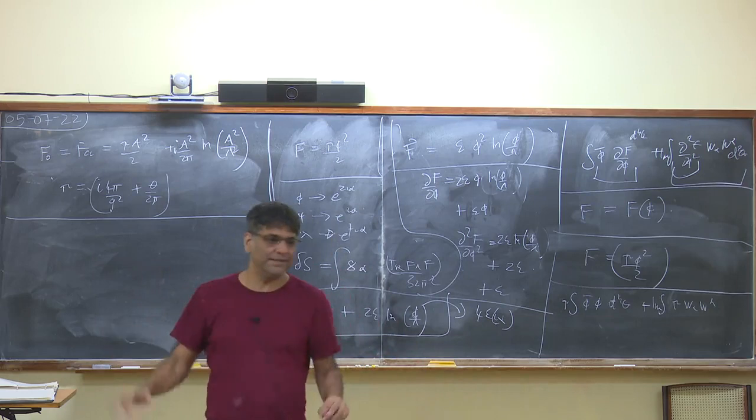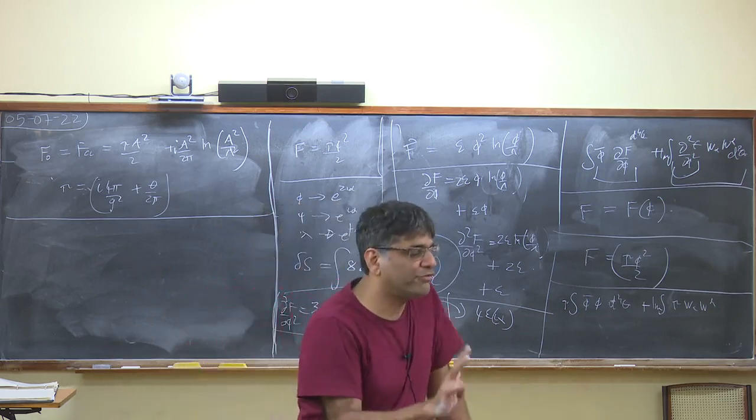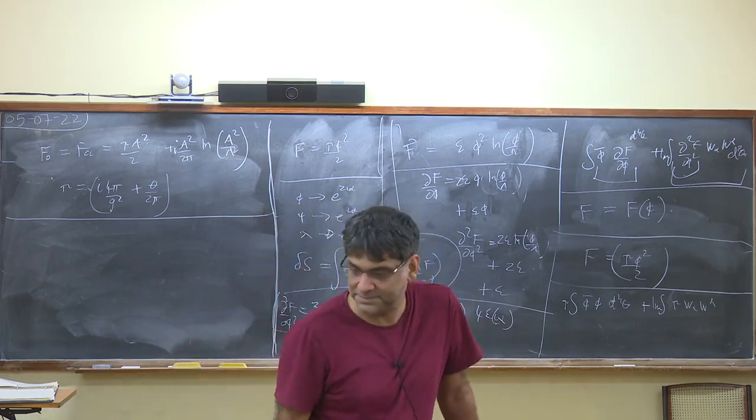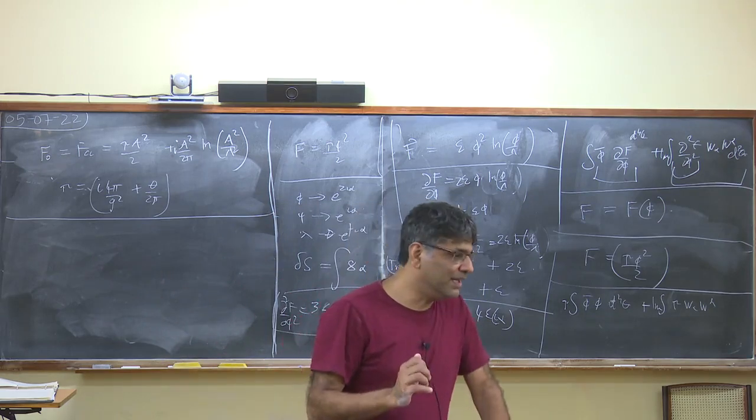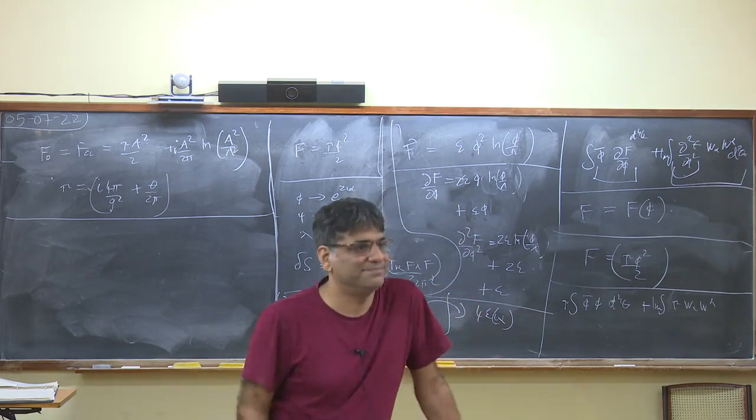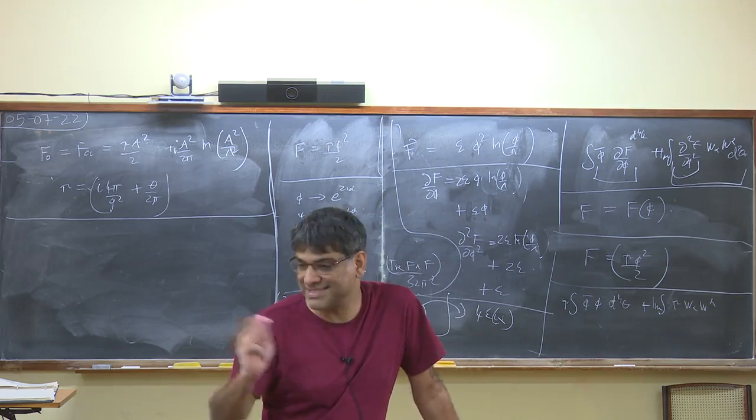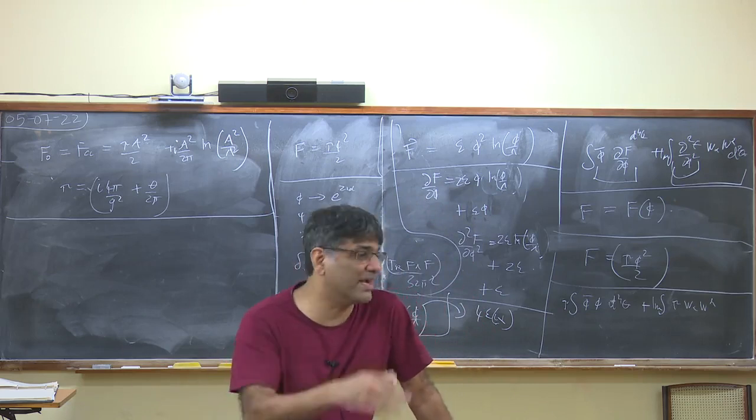Suppose instead of trying to match the anomaly, I demanded that the preserved symmetry, namely the Z8 symmetry, be a symmetry of the theory.